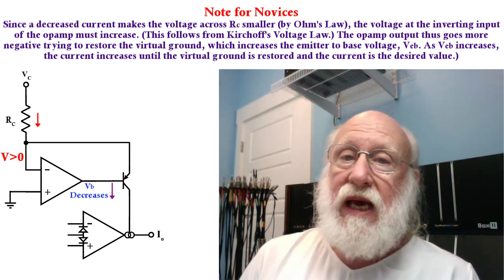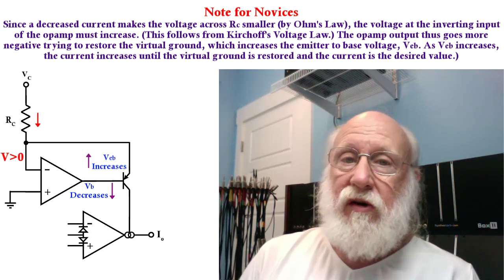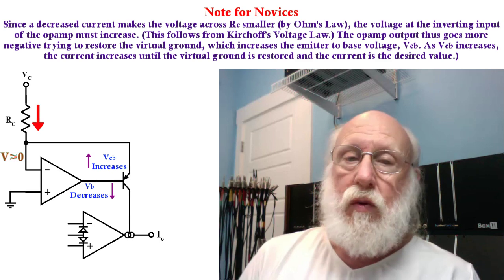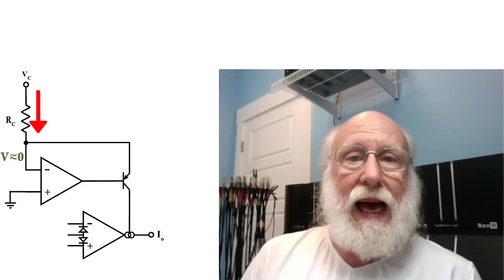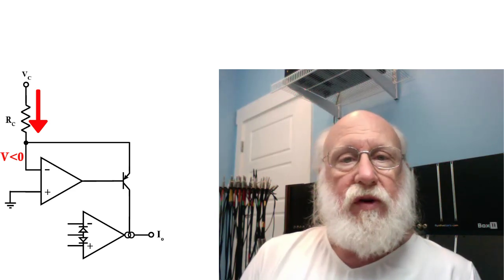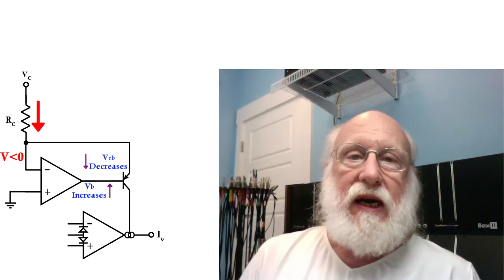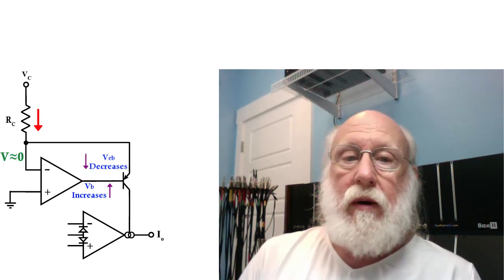Now, if that goes negative, that's going to increase the emitter to base junction voltage, which is going to increase the current until you restore your virtual ground. If the current gets too high, you have exactly the opposite situation. The output voltage goes up, meaning it's going to decrease that current and again restoring the virtual ground.